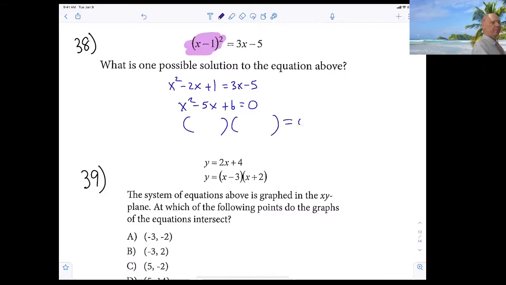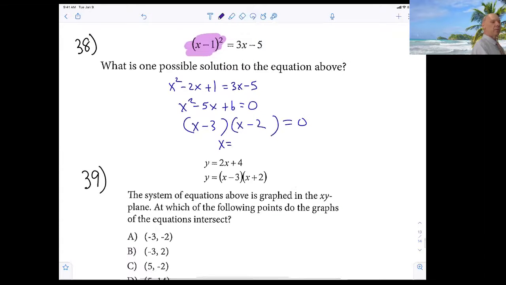So it's x minus 3, x minus 2. I'd prefer you just tell me what the factors are now at this stage of the game. And so x is 2 or x is 3. Beautiful. All right. Not bad at all.